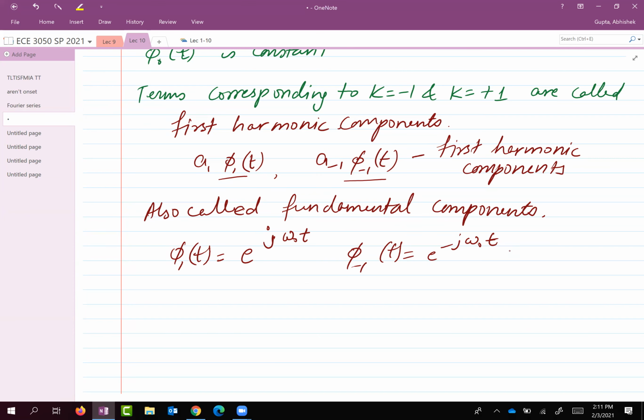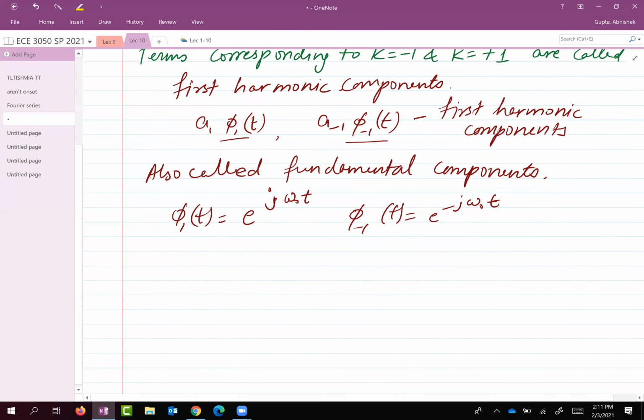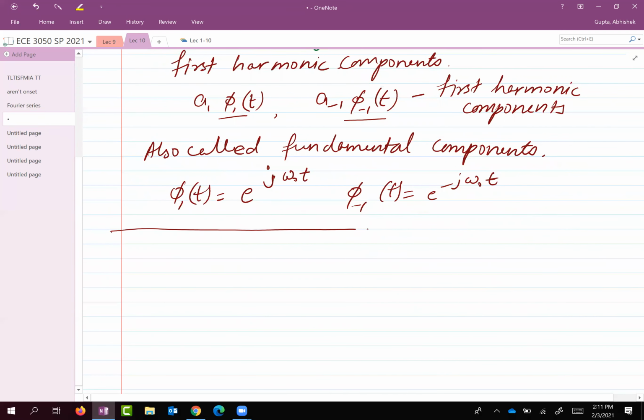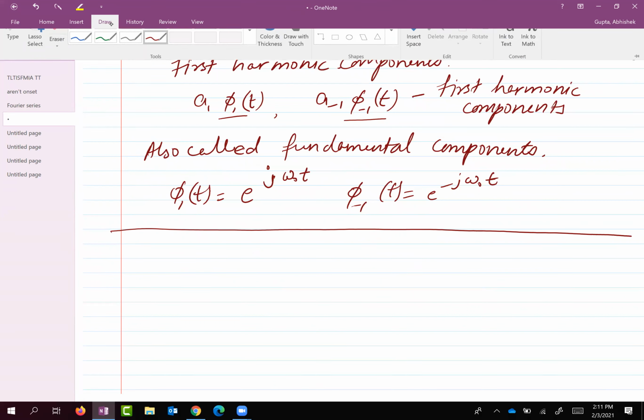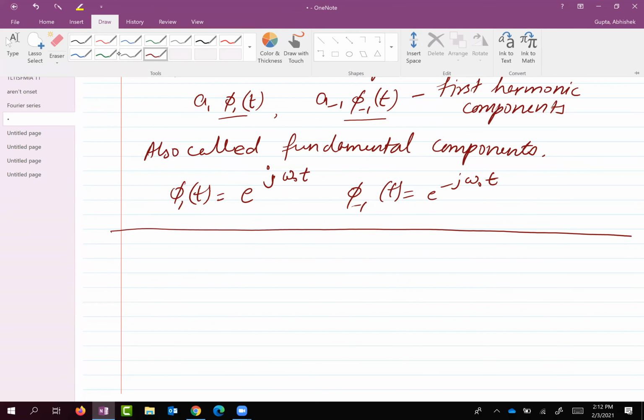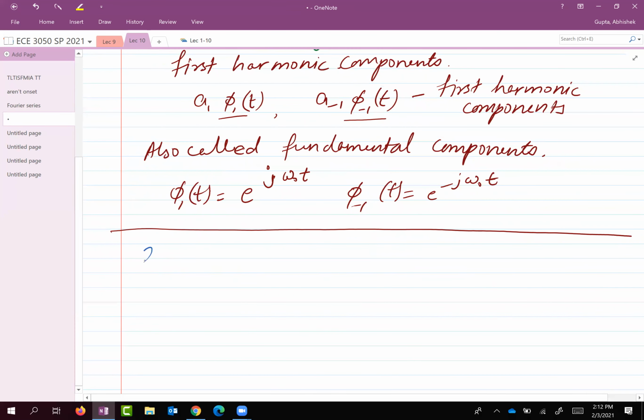So their fundamental frequency is omega naught, and their fundamental period is capital T. And that's why they are called fundamental components, or the first harmonic components of the periodic signal x of t. Okay, that's just the nomenclature.